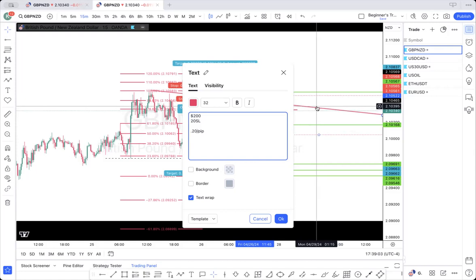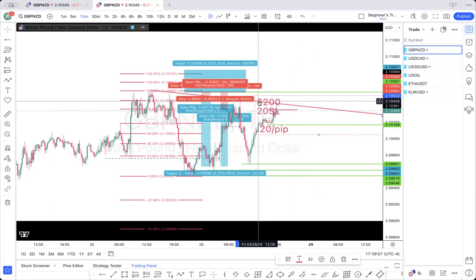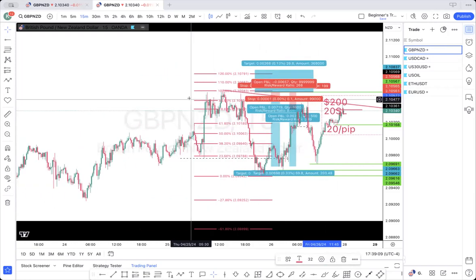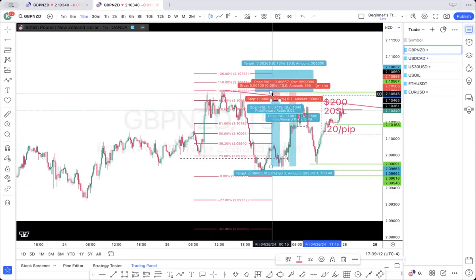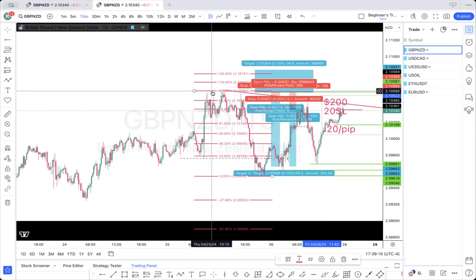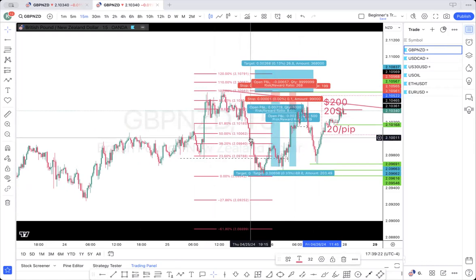Okay, so now that we're here at the hedge part, this is our swing. Remember, we're going to use our swing highs and swing lows, not internal swing highs or swing lows, our external swing highs and swing lows as our hedge points.